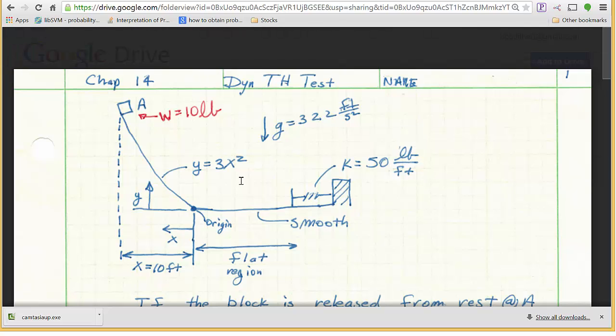Okay. So looking at this problem, you need to think about it like this. You're essentially an accountant, and you're accounting for all the energies: 1/2 m v1 squared plus mgh plus 1/2 k delta squared.